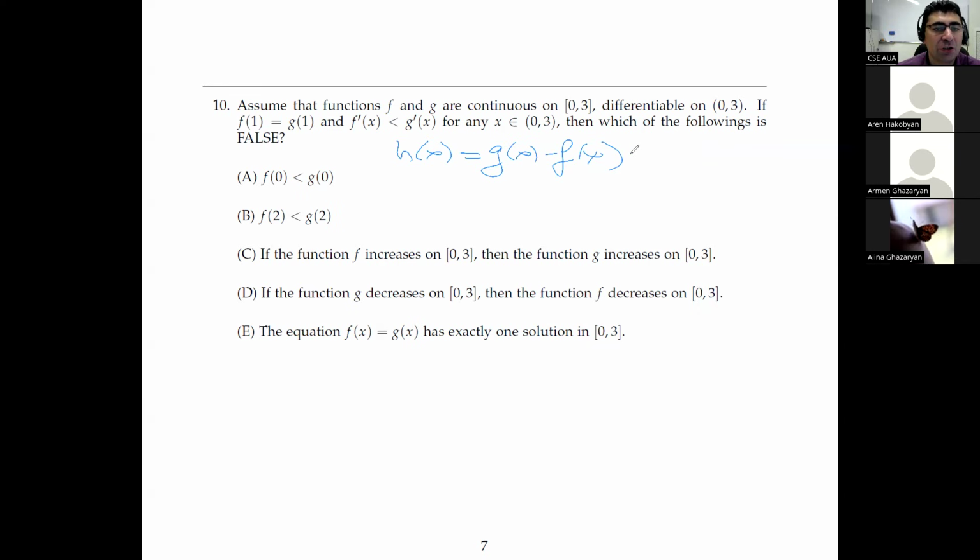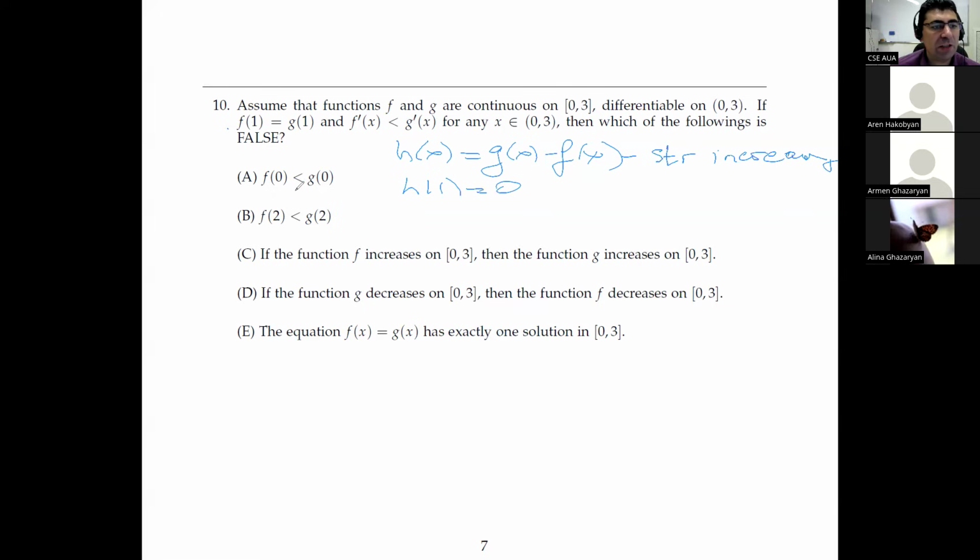So what is h? It's always increasing, even strictly increasing. What can we say further about function h? That at point 1 it's 0. h(1) is 0. So we have an increasing function that at 1 is 0.